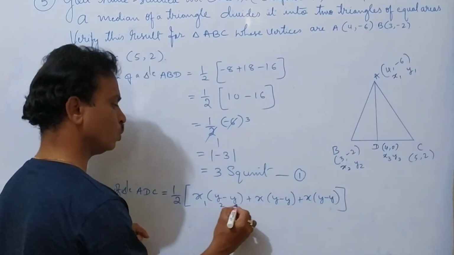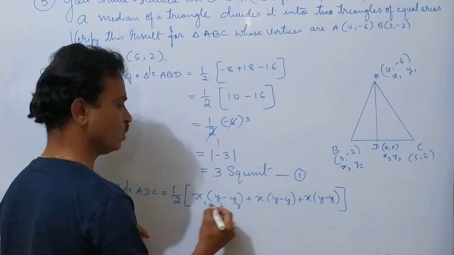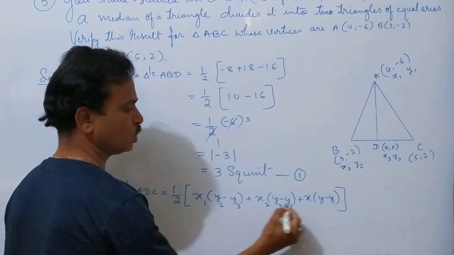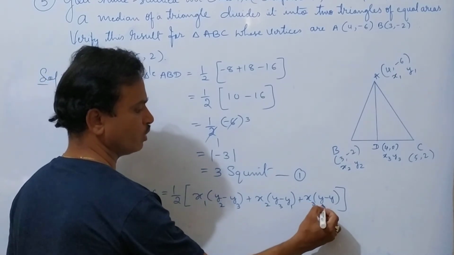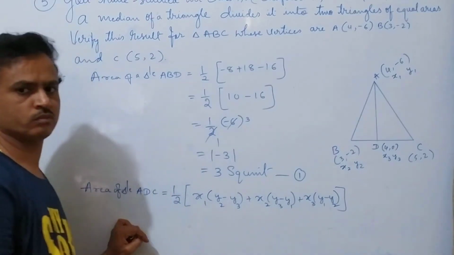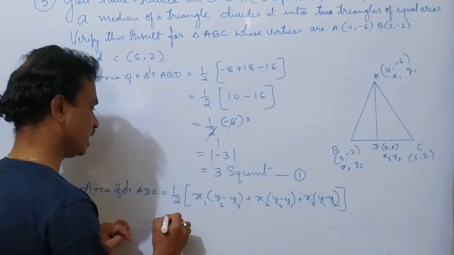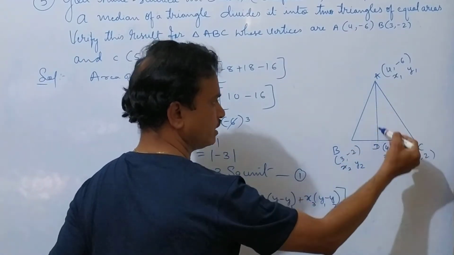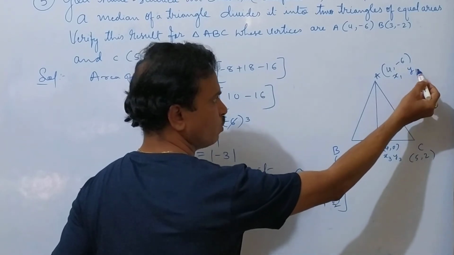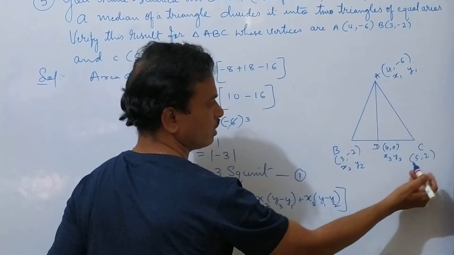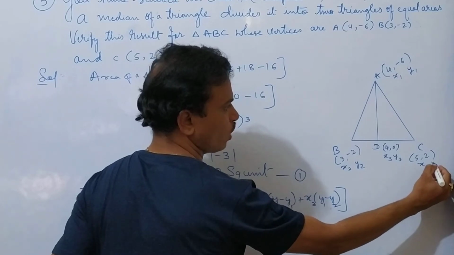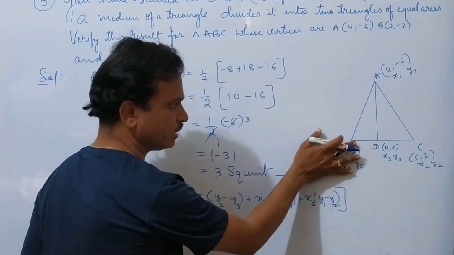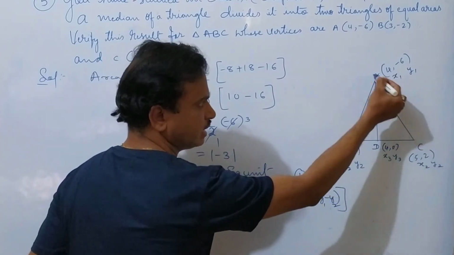Then 1, 2, 3, after 3 again you take 1, next 2, 3, after 3 we get 1, 2. Now here x1, y1, then here x3, y3, and this point we take as x2, y2. Don't take the other part; we are taking only triangle ADC.